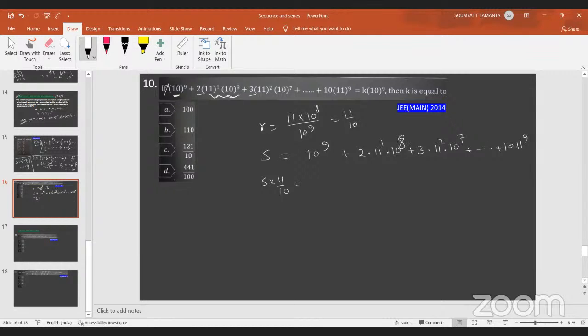What if you are multiplying by 11 by 10? So it is becoming 11 into 10 to the power 8. Yes or no?